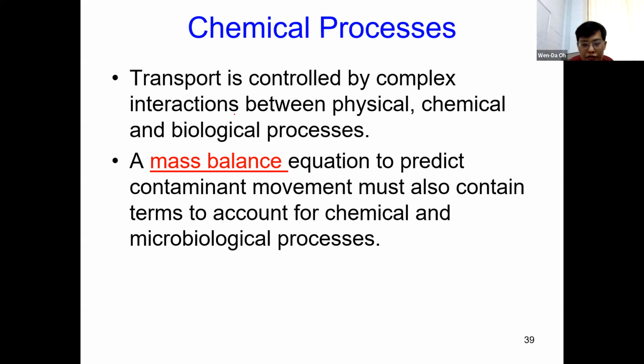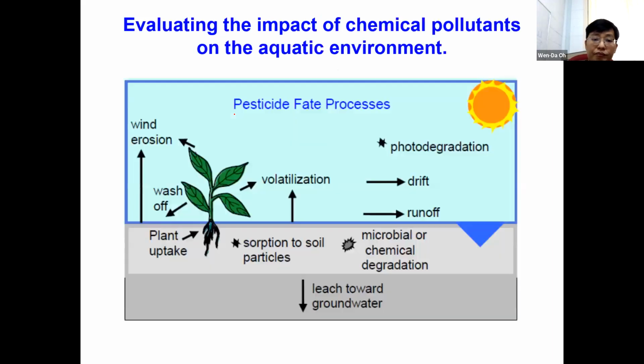And in terms of investigation of the pollution issue, we have this mass balance. Usually we use mass balance to calculate what percentage of this pollutant is volatilized, what percentage is degraded, and so on. Right, so just to show you, okay, an example of pesticides.